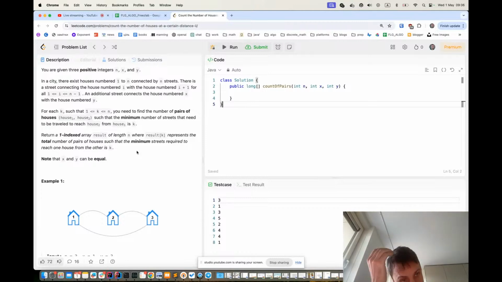There is a street connecting house number i with house number i plus 1. An additional street connects house number x with house y. For each k, you need to find the number of pairs of houses.